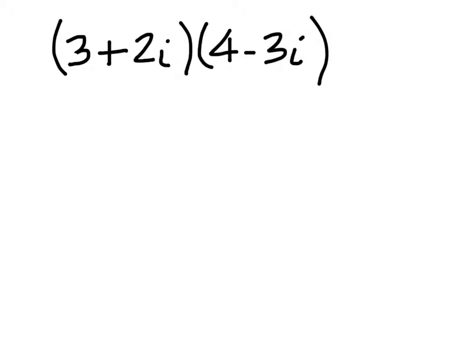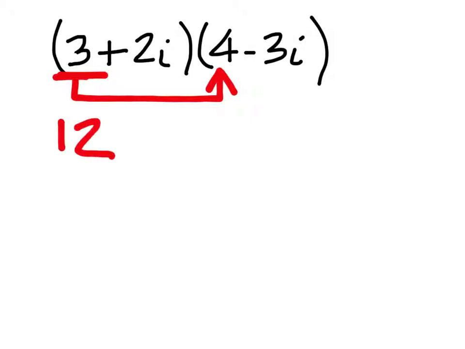For today, you have to multiply two complex numbers together. So in the first quantity, the complex number is 3 plus 2i, and the second quantity is 4 minus 3i. You have to remember back to Algebra 1 how to do the FOIL method. Alright, so what you do to multiply these two together is start with the 3 and multiply it by the 4.